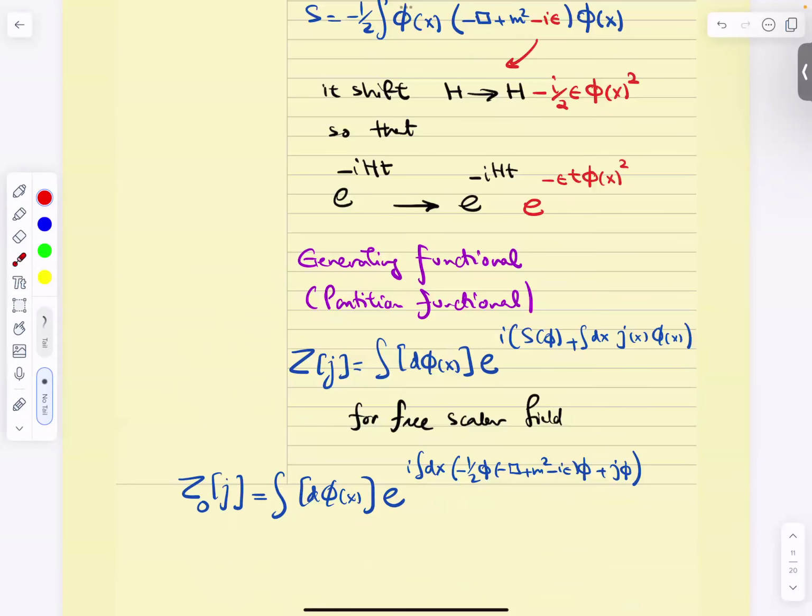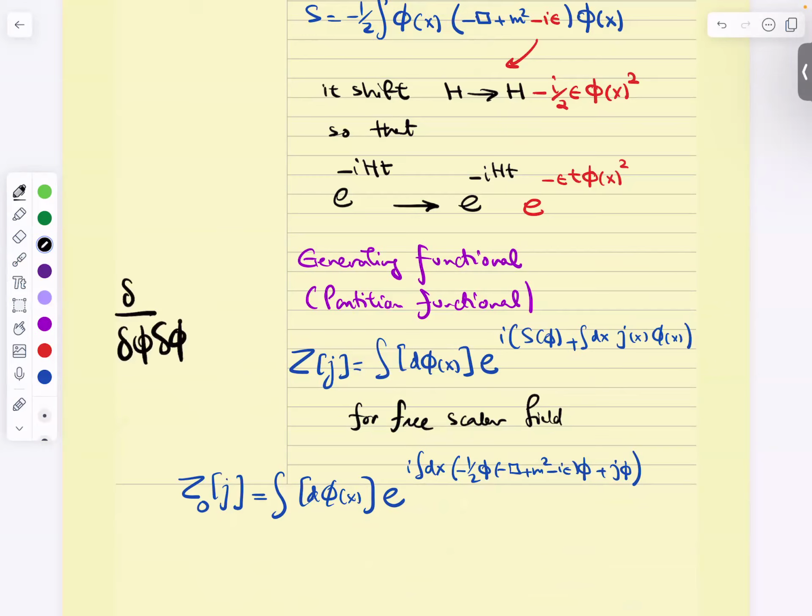Can you tell what the point of this expression is? Why do we define generating functionals? If you take functional derivatives with respect to a bunch of j's... So first of all, this integral is everywhere in space, even though I've written it like this.